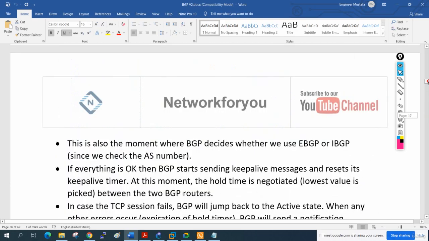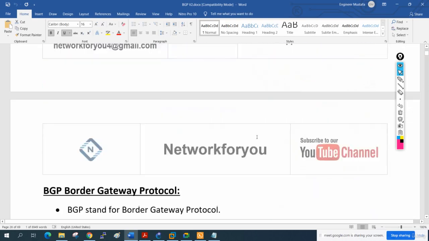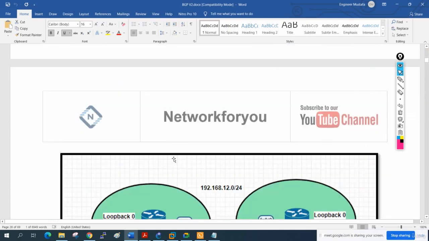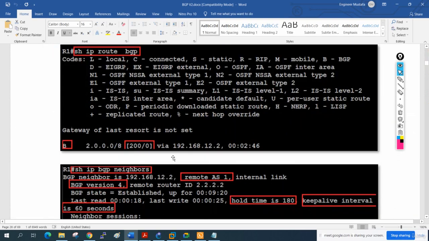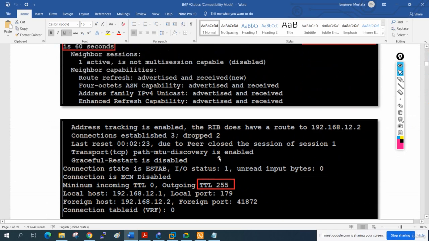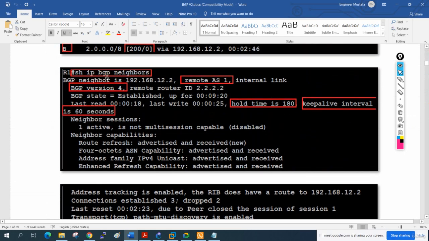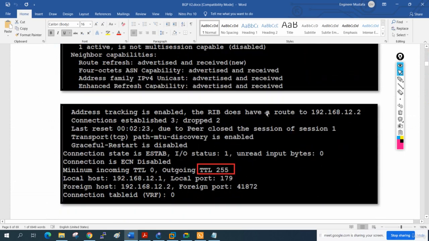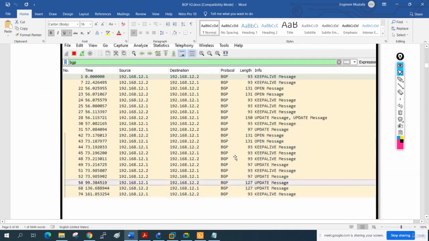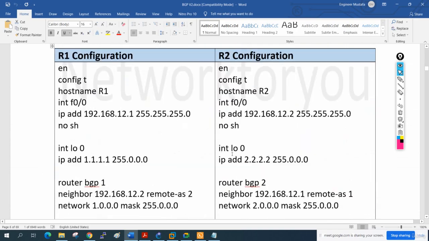Maybe in the starting lab. Let me show. When we do the lab here, you see this one. So how will I check this one? Show IP BGP neighbor, and in that one we will get TTL 255 when we are doing IBGP. But if we are doing EBGP, then our TTL value will be 1.